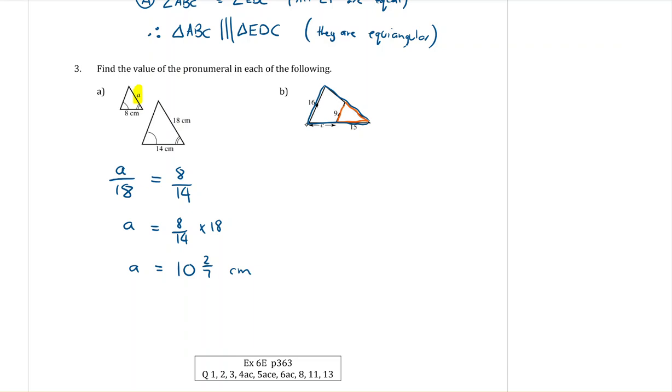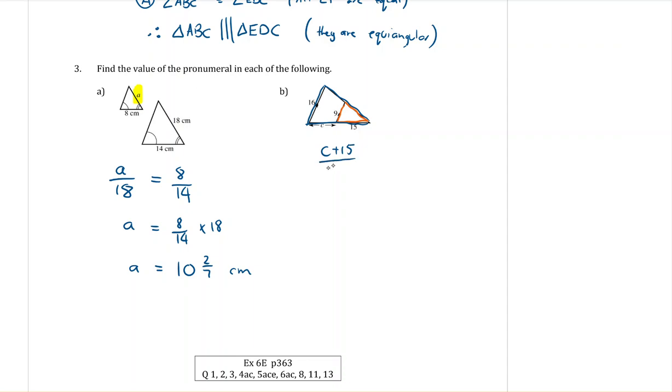C is actually not one of the whole sides. It's only part of the side, isn't it? In the blue triangle. So the side that has the C in it, I want to do C plus 15. That's the whole side of that blue triangle. What would it match with?